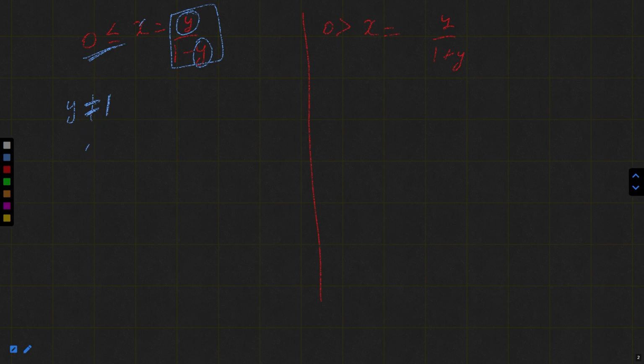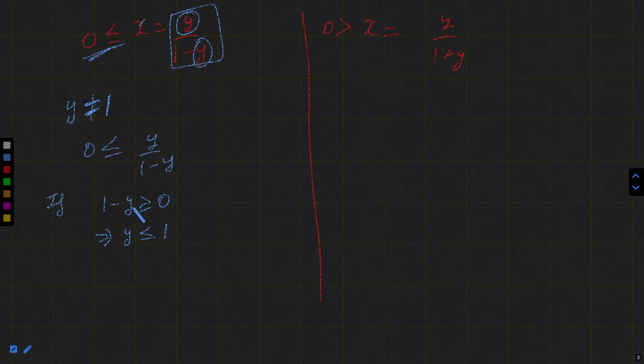Now, as we know y by 1 minus y, if 1 minus y is greater than or equal to 0, this means y is less than or equal to 1.